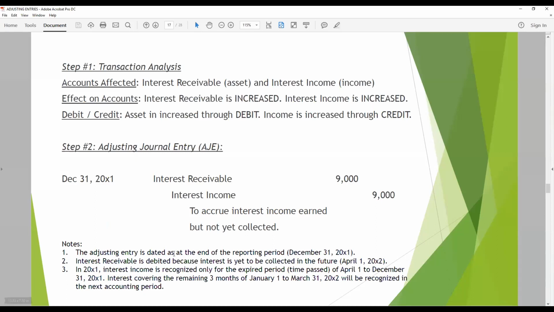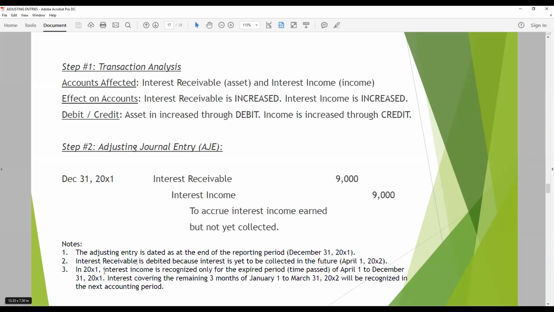The adjusting entry is dated as at the end of the reporting period, which is December 31. And then interest receivable is debit because interest is yet to be collected in the future. Receivable pa siya kasi hindi ka pa niya babayaran this year but on April next year pa.